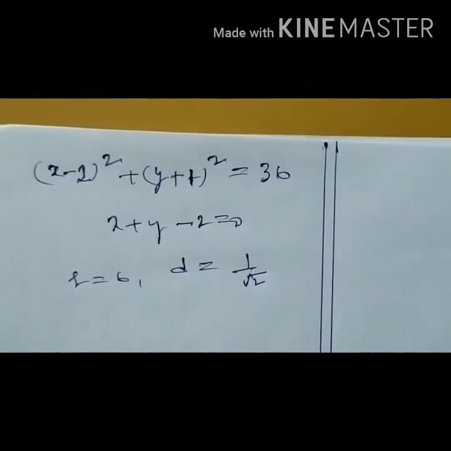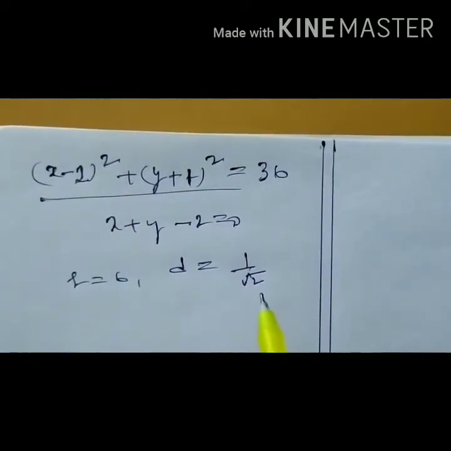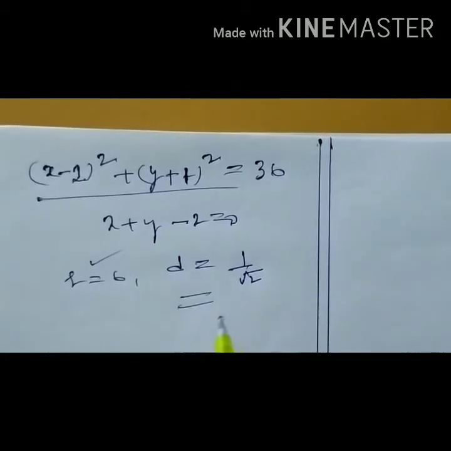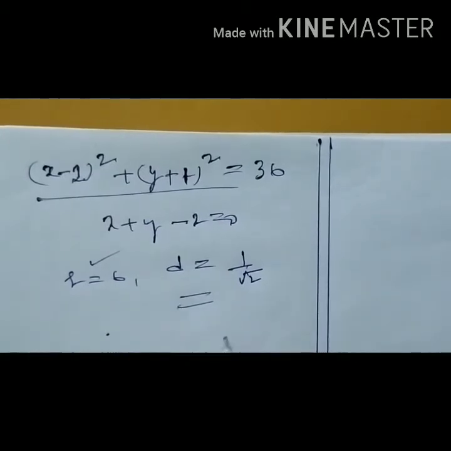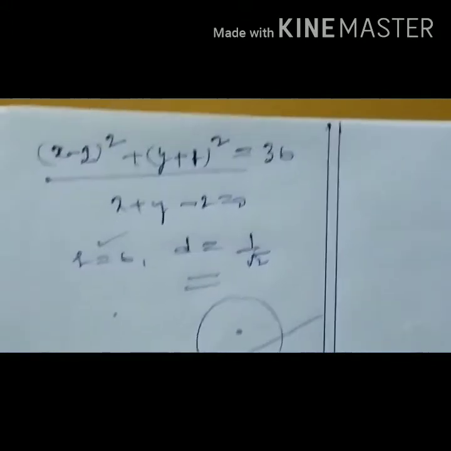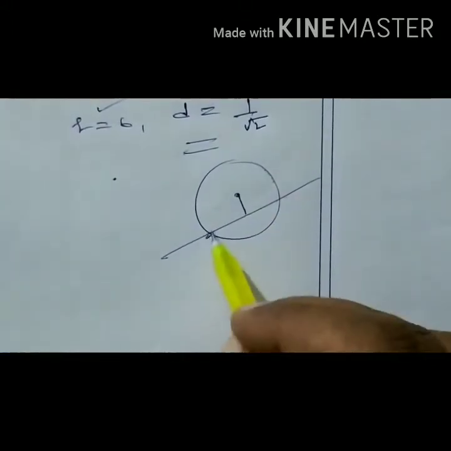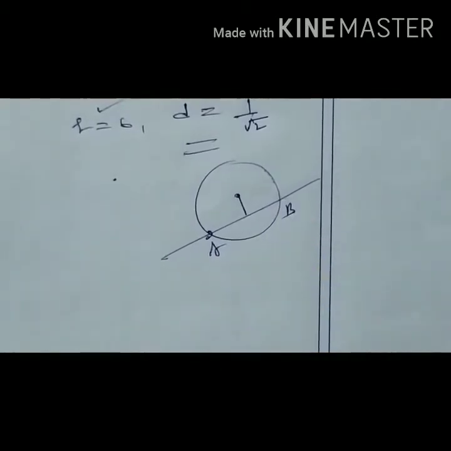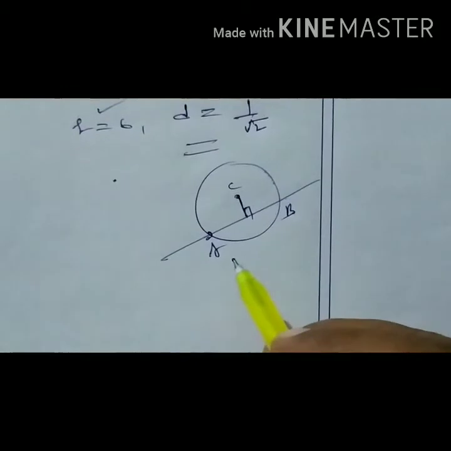For the circle, the radius is equal to 6 and the perpendicular distance from the center to the line is 1 by root 2. Clearly r is greater than d, therefore the line intersects the circle in two distinct points. Now we want to find the length of the chord AB, if it is intersecting at A and B. Now draw a perpendicular to this line.